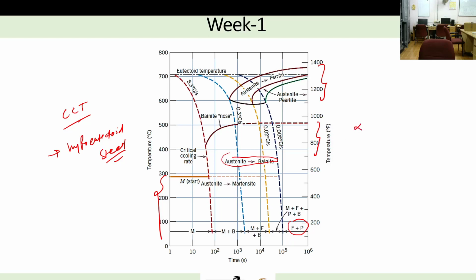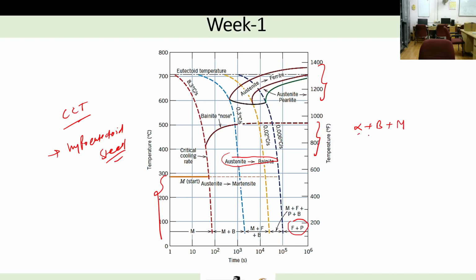So we have the austenite to ferrite transformation, and now the austenite is transforming into bainite, so we got bainite also. Then there is a dotted line here. After you cross this line, that is Ms, the martensite start line, the austenite in the matrix will try to transform into martensite.